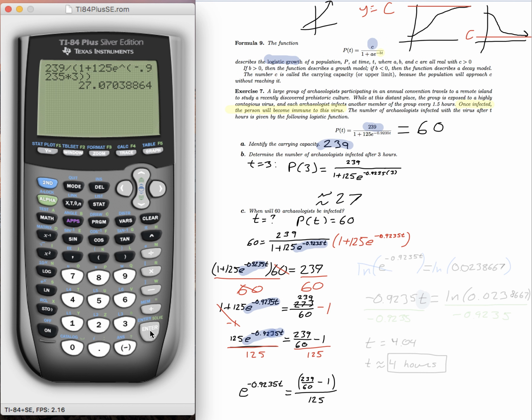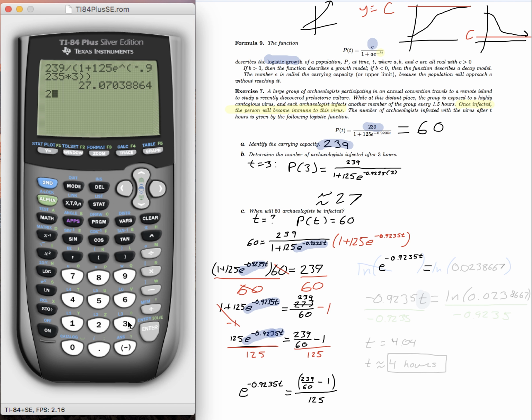Okay, so now might be a good time to go to the calculator, do an approximation. e to the negative 0.9235t is approximately equal to, and we'll carry this out to a few decimal places. What is 239 over 60 minus 1 over 125?